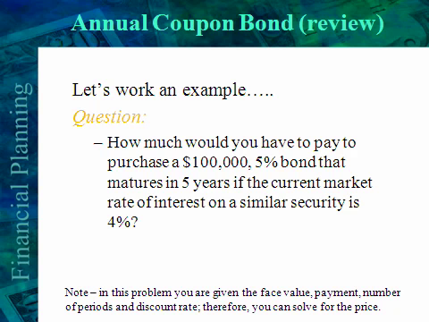Question, how much do you have to pay to purchase a $100,000 5% bond that matures in 5 years if the current market rate of interest on a similar security is 4%? Note, in this problem, you're given the face value, the payment yield, i.e. 5% of $100,000, the number of periods, and the discount rate. Therefore, you can solve for the price.